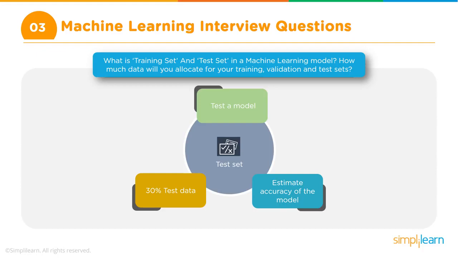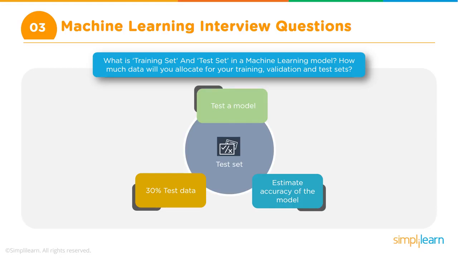This data which you have set aside is new for the model. And if it is able to accurately predict the values, that means your training has worked. The model got trained properly. But let's say while you're testing with this test data, you're getting a lot of errors. That means you probably need to either change your model or retrain with more data and things like that.